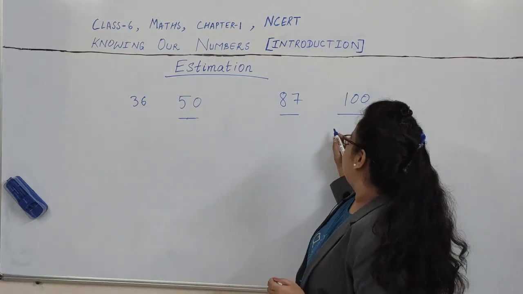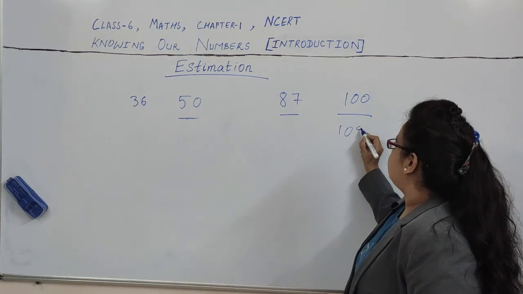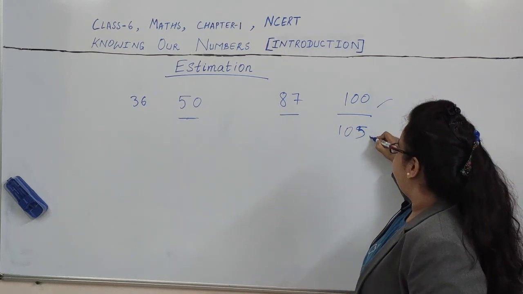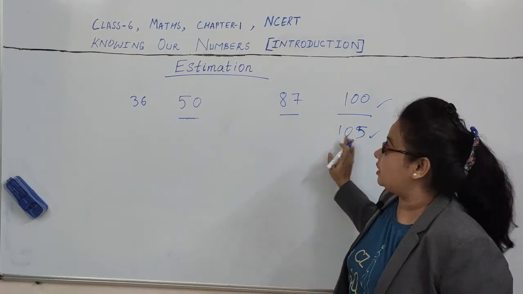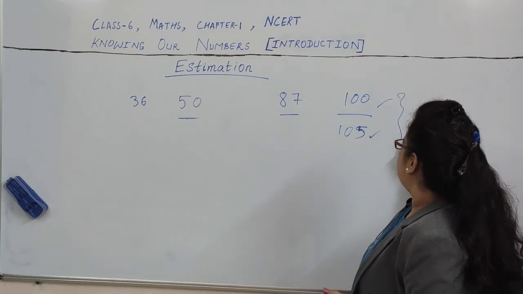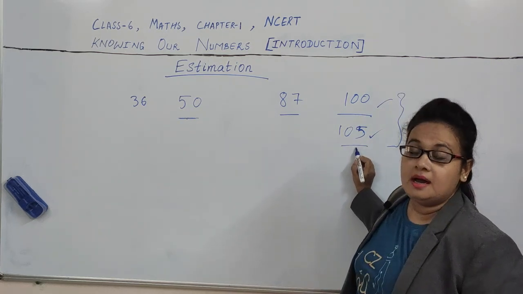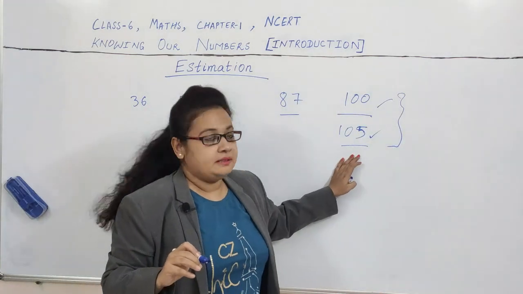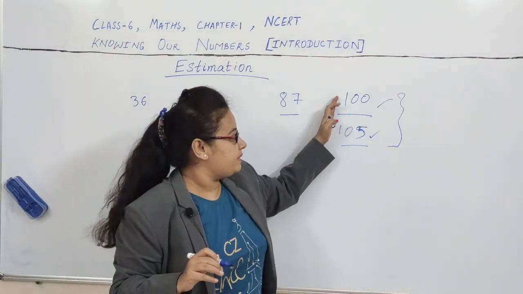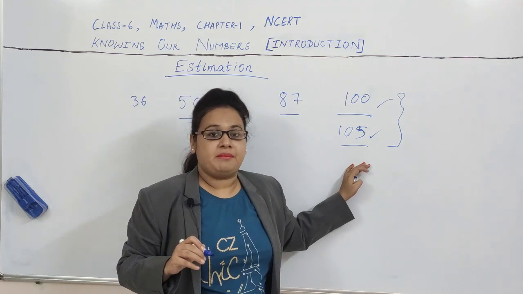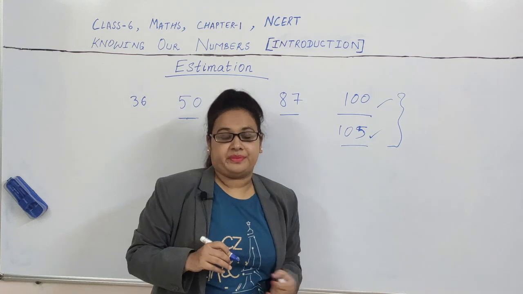You may order 105 plates, you may order 100, but not the exact number. So this is not a fixed quantity. This is the estimated quantity which you are estimating. You are thinking that these many may be required. So this is the estimated number or approximated number.